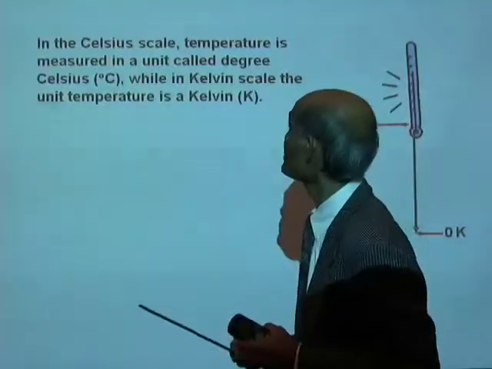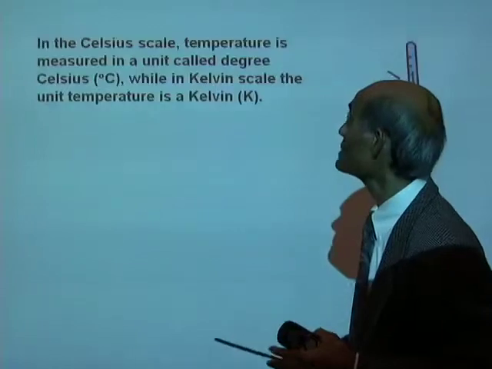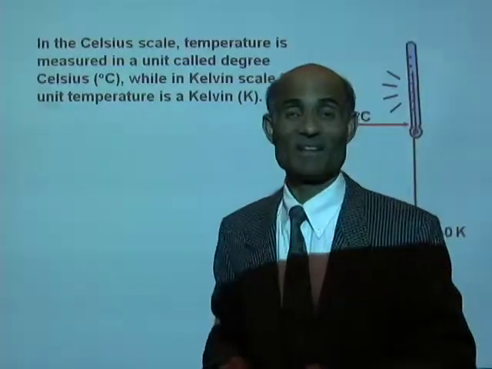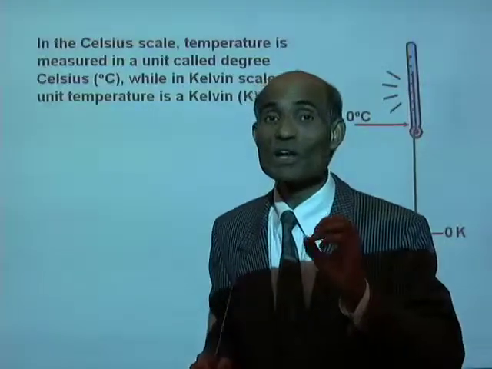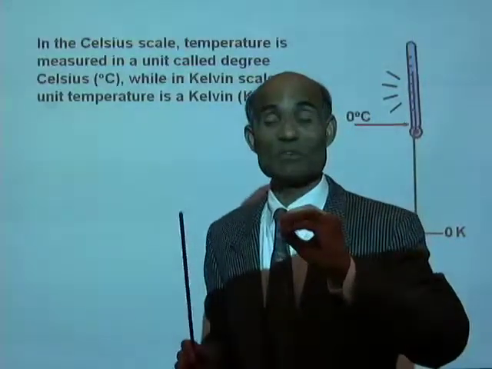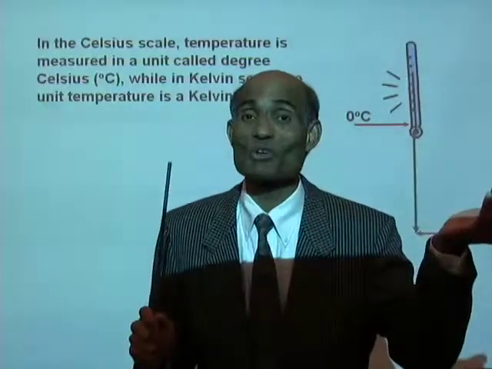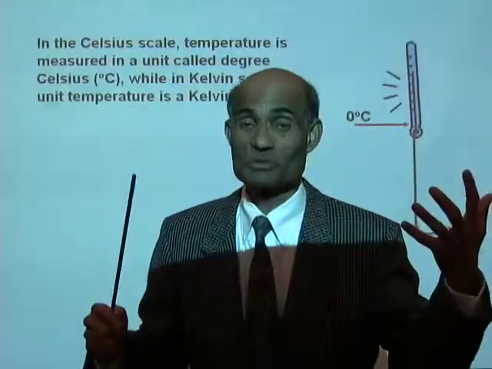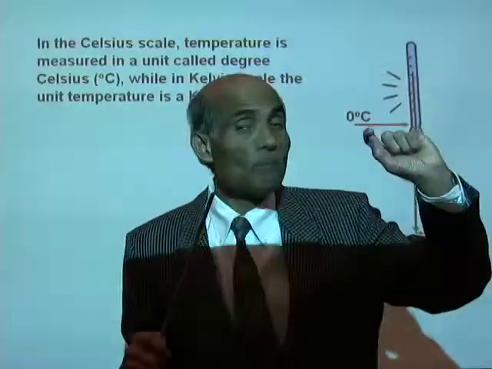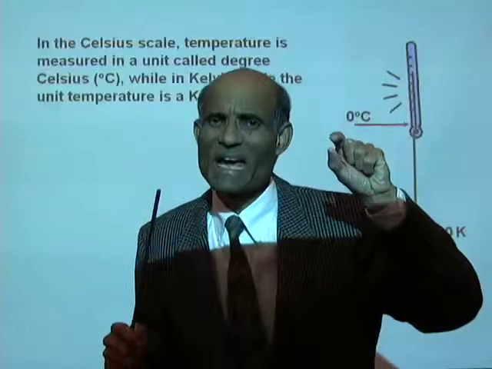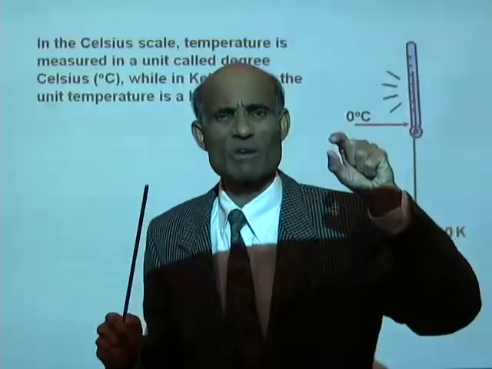Now, in the Celsius scale, the temperature is measured in a unit called the degree Celsius, and on the Kelvin scale it is measured in Kelvin. This is something sometimes students and even professionals misuse. I have seen bulbs written with maximum temperature 800 degree Kelvin.